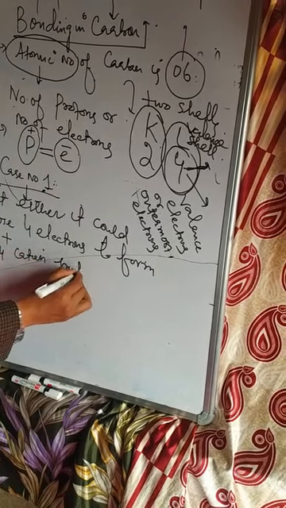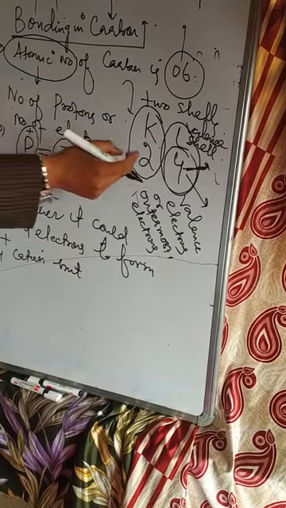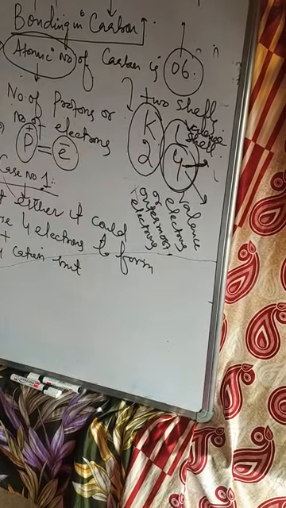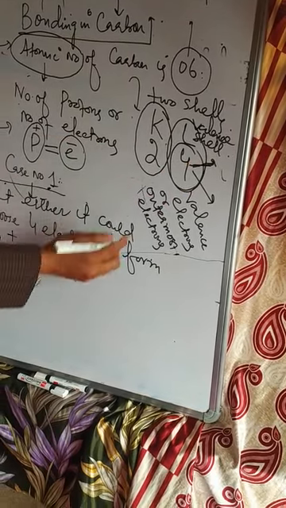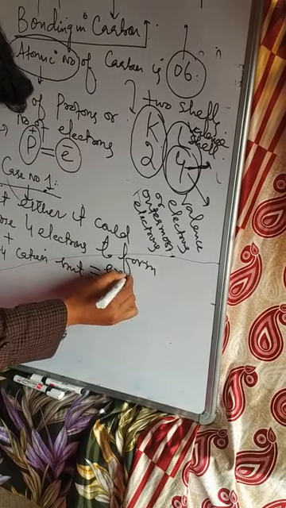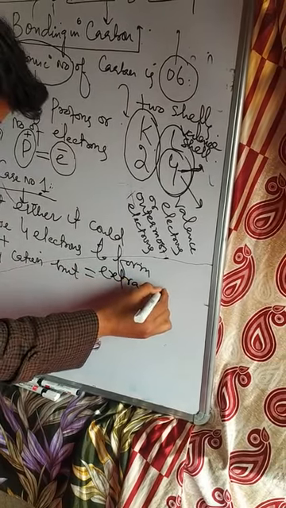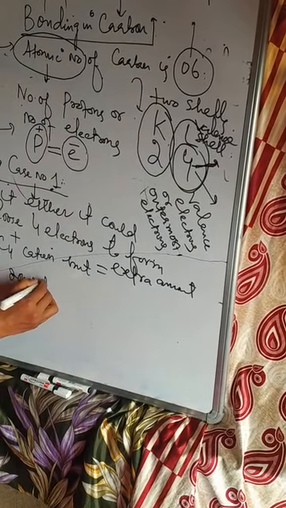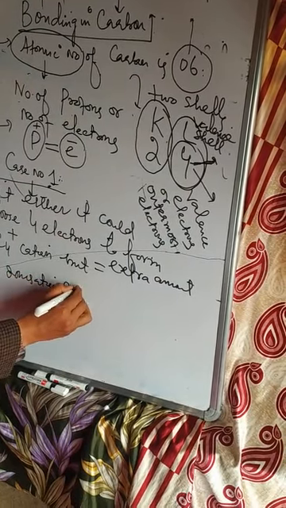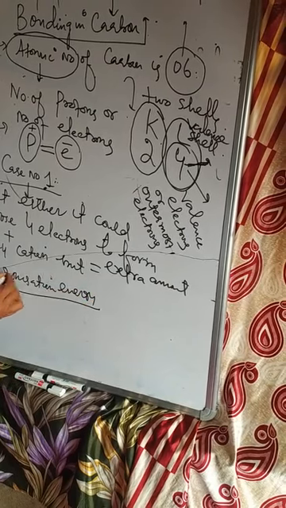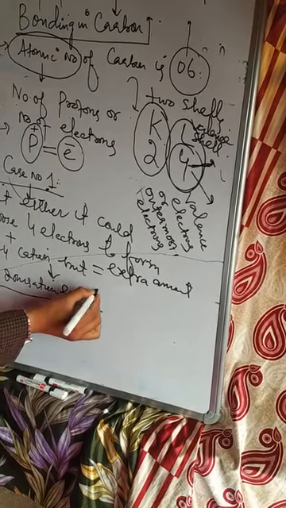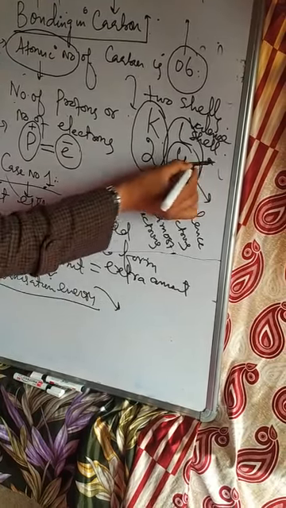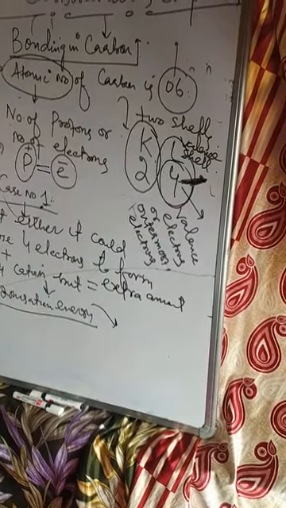But the problem with this carbon is that these 4 electrons need an extra amount of ionization energy. And I told you in the previous lecture, this ionization energy is the amount of energy by which we can knock out these valence electrons from their respective shells.